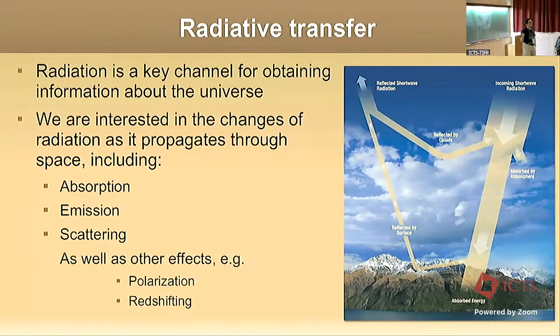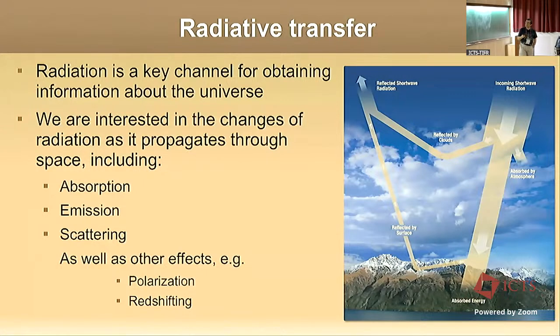There are a few exceptions. You could have particles occasionally, neutrinos, gravitational waves. There are a few other things that are not radiation, but most of it is radiation. It doesn't matter what kind. Would it be X-rays, visible, radio, whatever it is, it's all radiation.